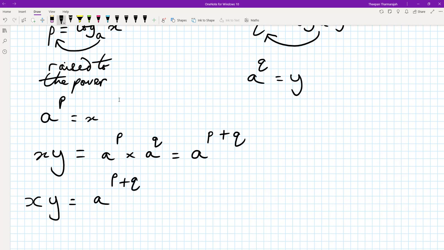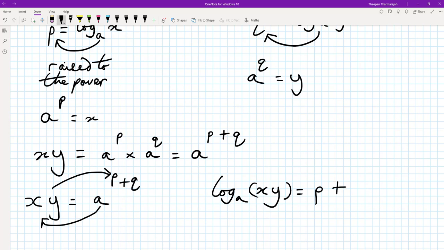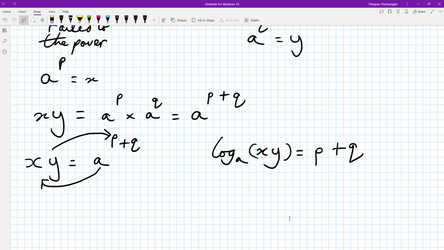So we're now going to write it in log form. We're going to say log base A of XY is equal to P plus Q. Now, I know what P is.